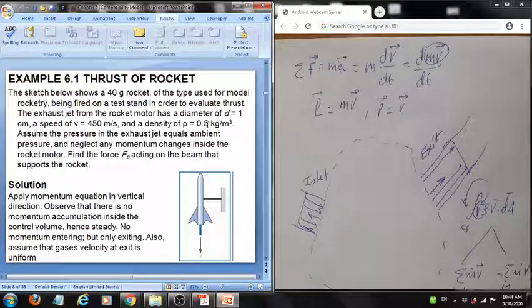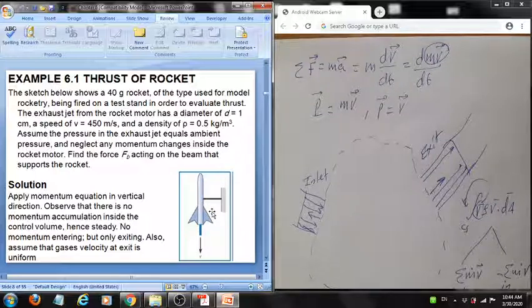Its density is 0.5 kilogram per cubic meter, and it is a circular jet with diameter 1 centimeter. We need to evaluate the force FB acting on the beam. That is, the rocket tries to go up while the beam holds it down.